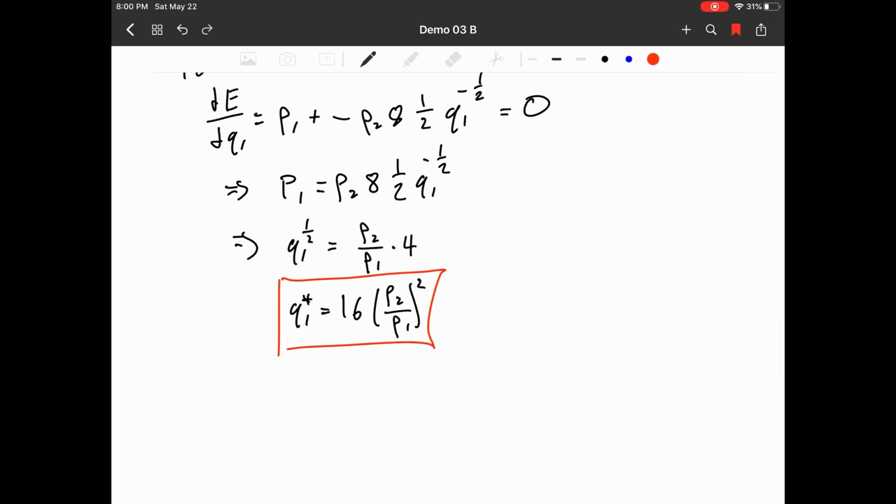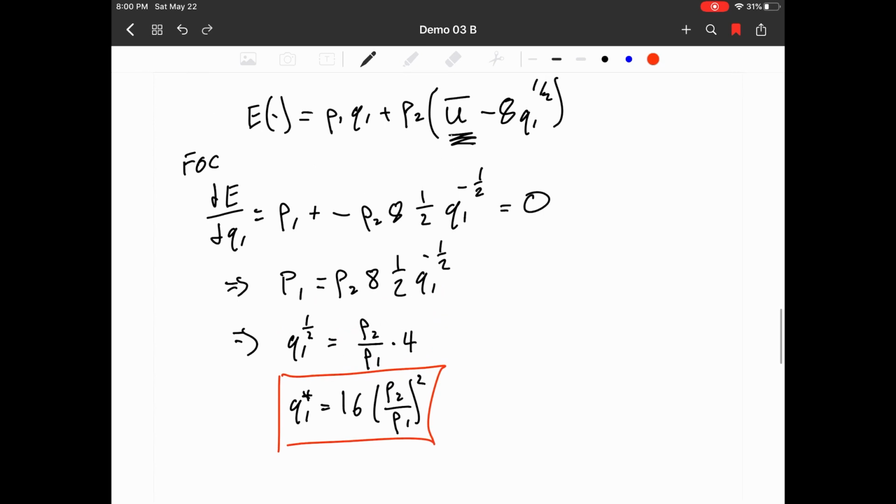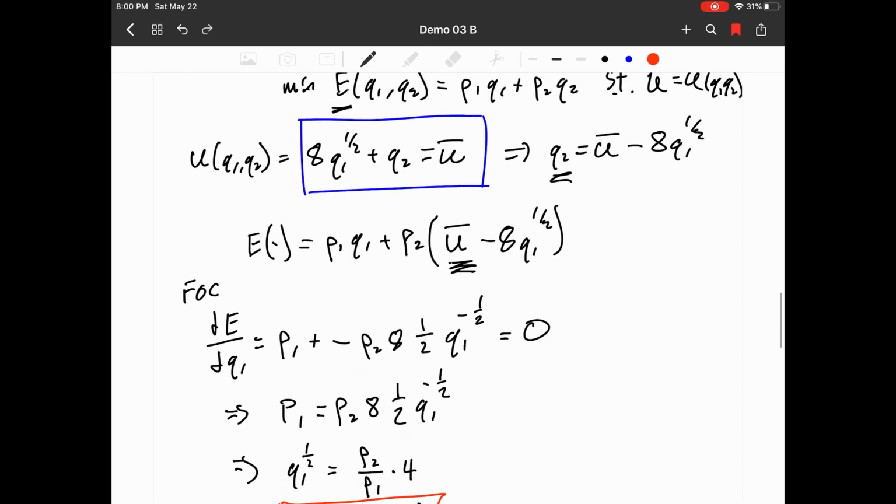So we now have a relationship between the prices p1 and p2 and our q1. So what we did last time with the utility maximization problem is actually to take our first solution for q1 and plug it into the constraint. So that's what we're going to do here, except the constraint isn't the budget.